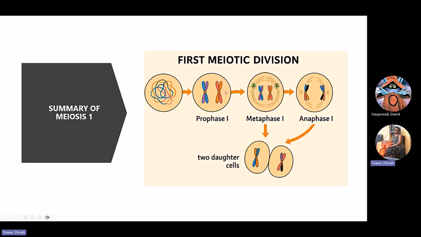The prophase, these chromosomes will be now a homologous pair of chromosomes, spindle fiber developing, nuclear membrane and nucleolus disappearing, and these homologous pairs of chromosomes will be arranged at the equator during metaphase 1, and in anaphase 1 they'll be separated. So chromosomes will be pulled towards opposite poles. And finally, we are having two daughter cells for the first meiotic division.